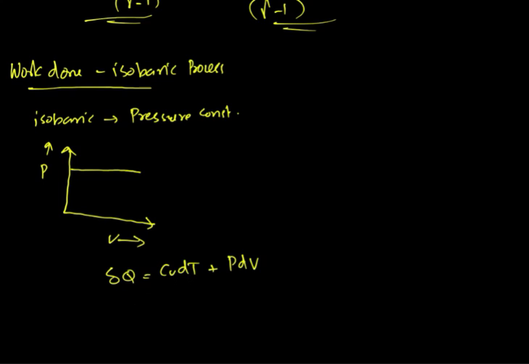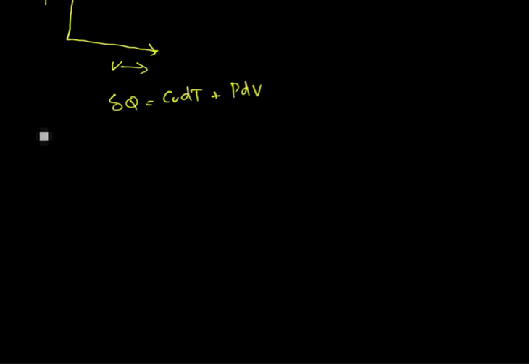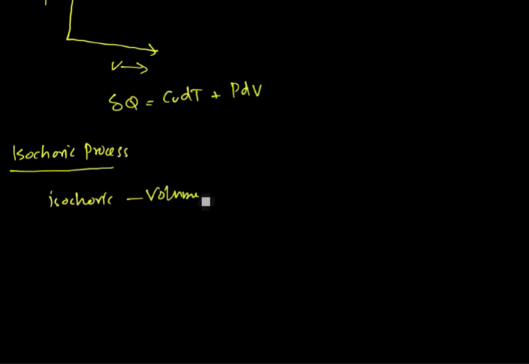Now we have to consider another process, that is, the volume remains constant, which is called an isochoric process. So we have to discuss the work done in an isochoric process. Isochoric means the volume remains constant. So the process in which the volume of the system remains constant is called an isochoric process.